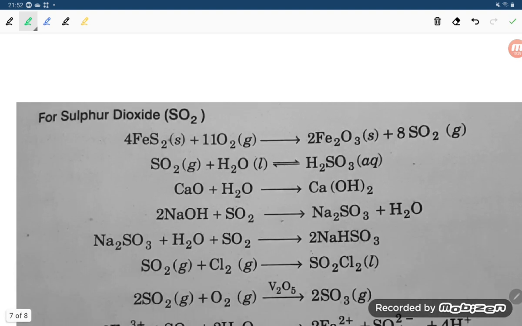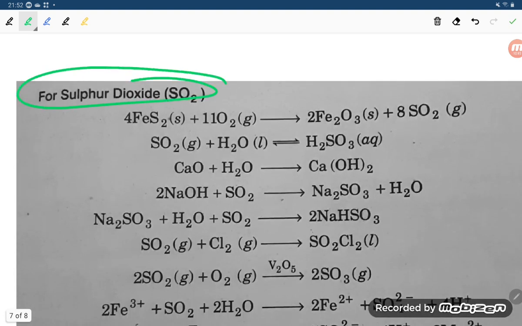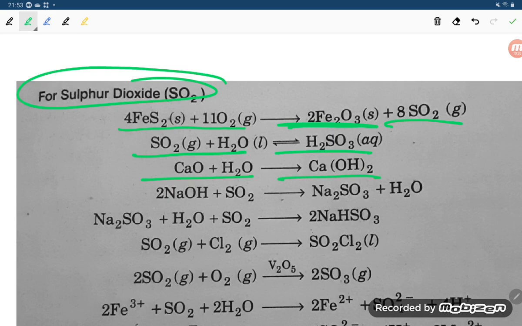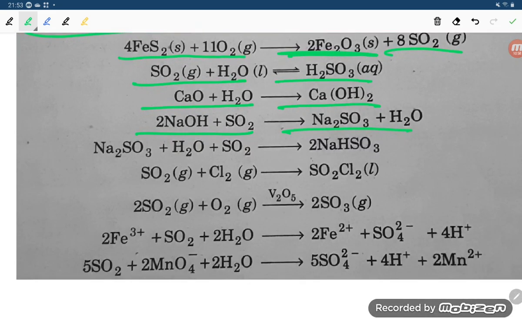Next point, for sulfur dioxide: 4 FeS2 plus 11 O2 gives 2 Fe2O3 plus 8 SO2. SO2 plus H2O gives H2SO3. CaO plus H2O gives Ca(OH)2. 2 NaOH plus SO2 gives Na2SO3 plus H2O. Na2SO3 plus H2O plus SO2 gives 2 NaHSO3.